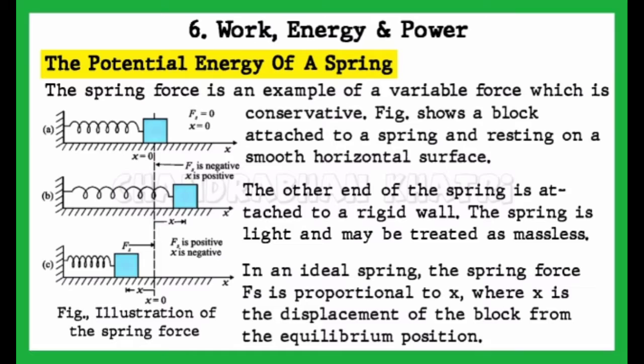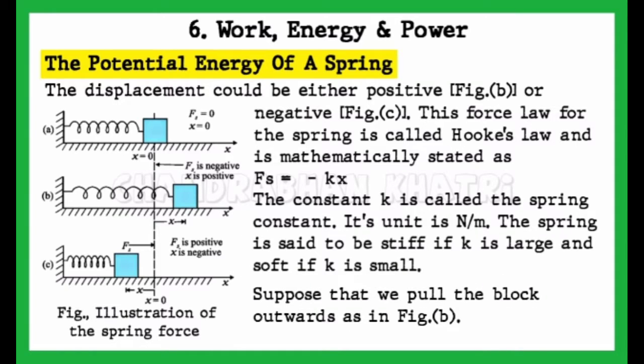In an ideal spring, the spring force Fs is proportional to x, where x is the displacement of the block from the equilibrium position. The displacement could be either positive or negative, as you can see in figure B and figure C. This force law for the spring is called Hooke's law and is mathematically stated as Fs equals minus k into x.